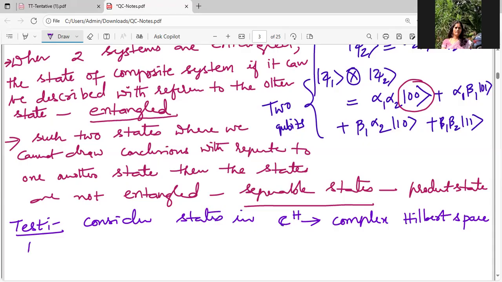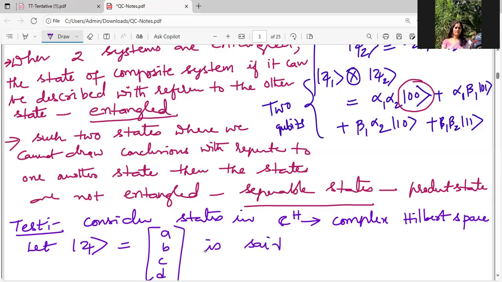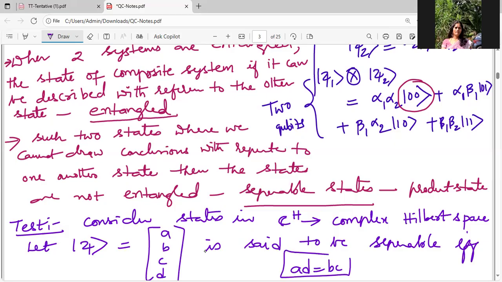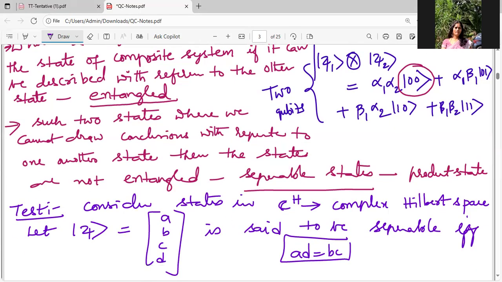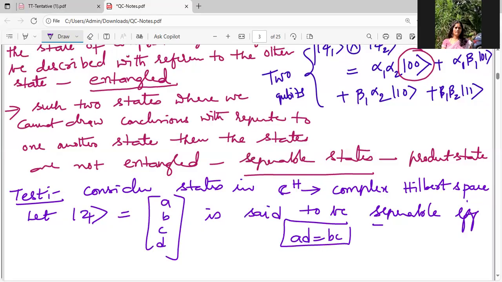Now I'll consider one state ket psi, which is given by (a, b, c, d). Ket psi is said to be separable if and only if ad equals bc. You remember this condition, right, from matrices. In a similar way, if ad equals bc, then you can say they are separable. If they are not equal, then they are not separable.